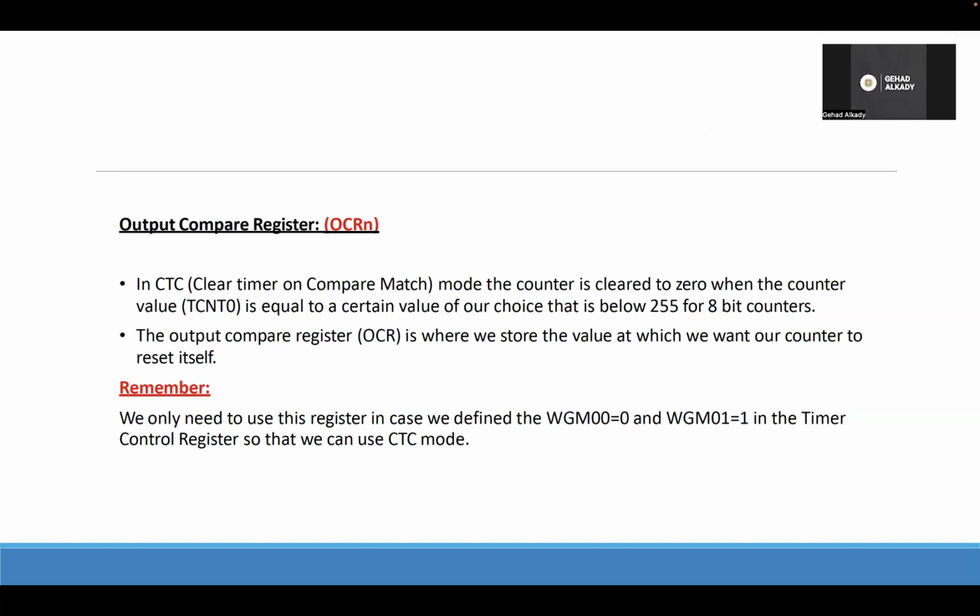So in this register, we put the number of counts equivalent to the time needed for our delay. But we have a limitation that this number shouldn't be more than 255, which is the maximum value of the 8-bit register.